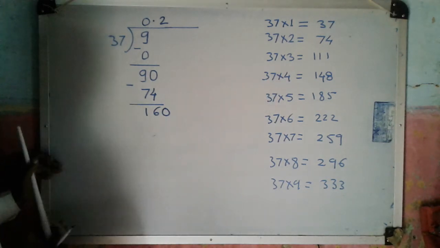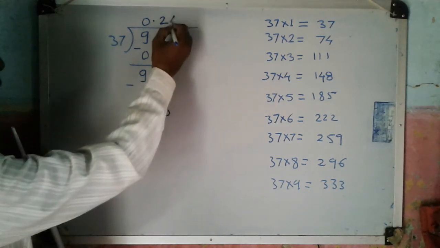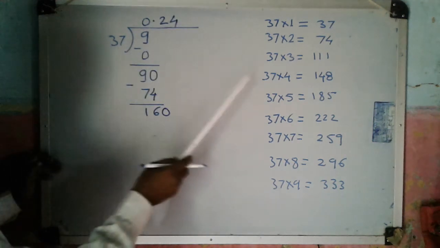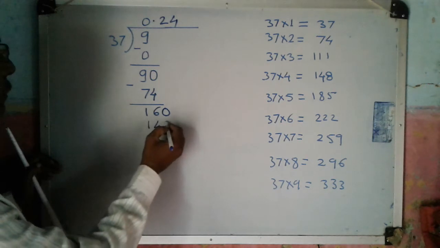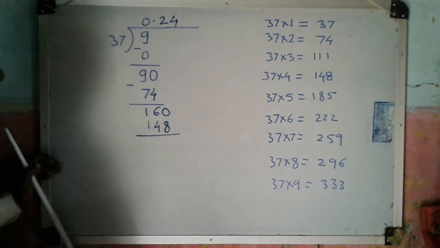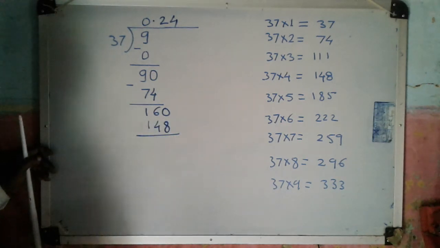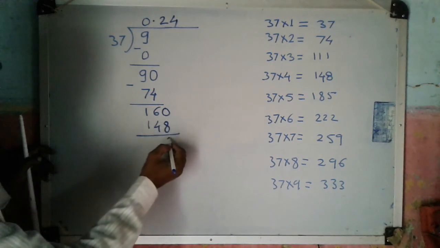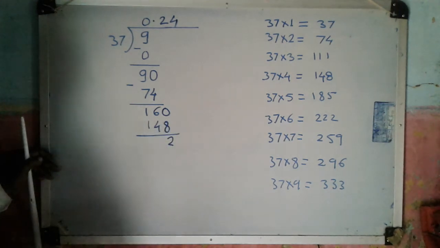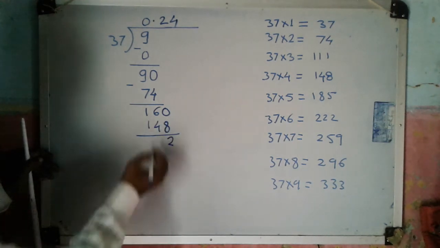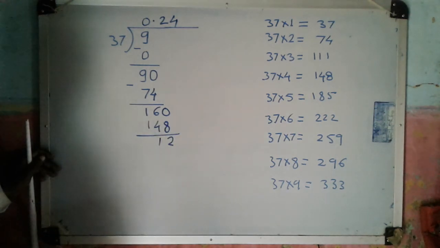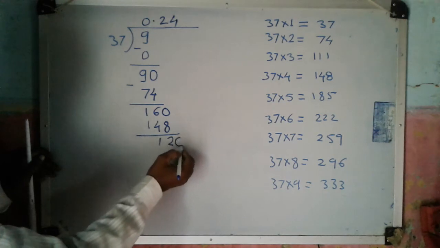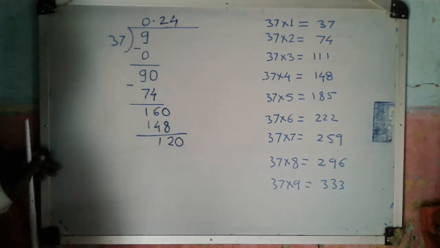The next quotient digit is 4. 37 4s are 148. Subtract this, we get 10 minus 8 is 2, 5 minus 4 is 1, 1 minus 1 is 0. Now write 0 after 12.